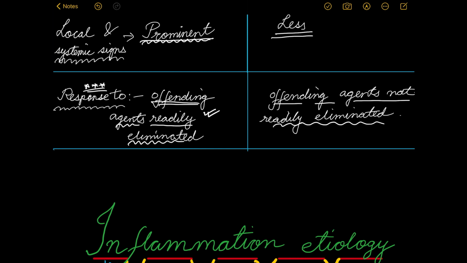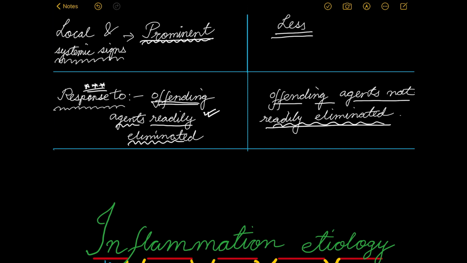Now suppose the offending agent is not readily eliminated. There can be a host of reasons why the offending agent can be difficult to get rid of. To exemplify one reason, suppose the offending agent is the host tissue itself. It's an autoimmune reaction, suppose. As we will see in the etiology section, autoimmune reactions are a very big reason for inflammation.